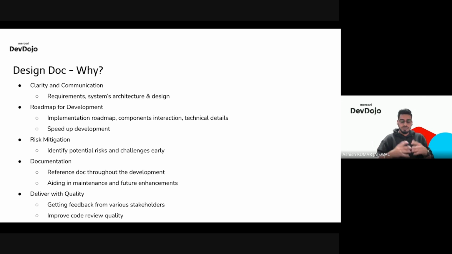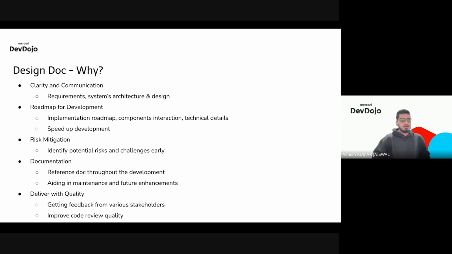Because a design doc is supposed to be a blueprint for your implementation or development roadmap, it defines how you're going to proceed with the development of that feature. You can define the architectural design of the overall feature, the various components and the interaction between them, and also write the technical details.